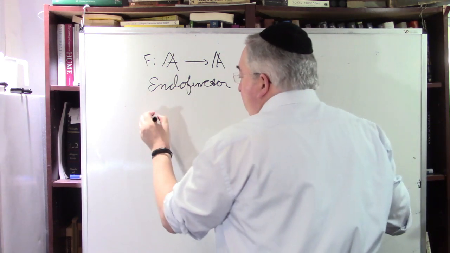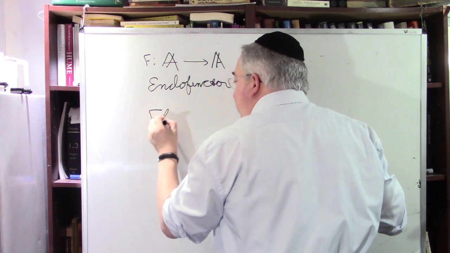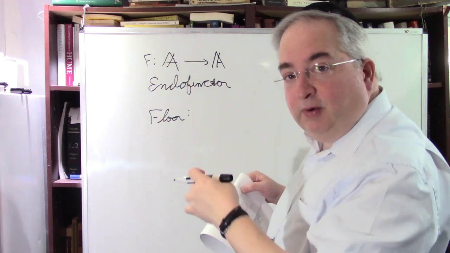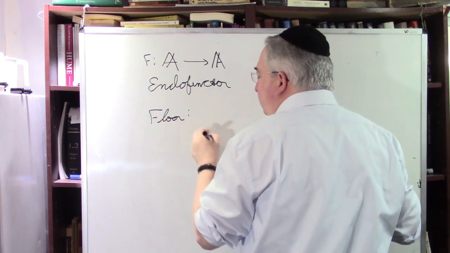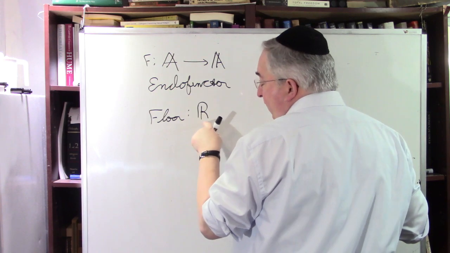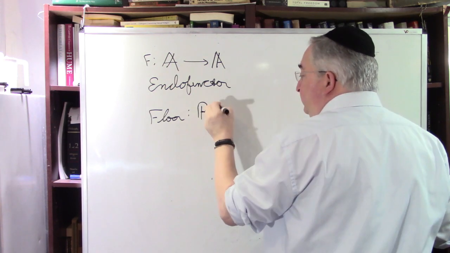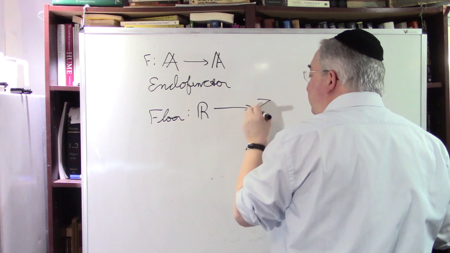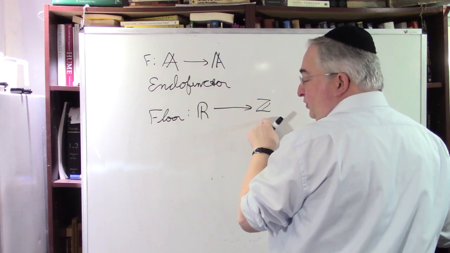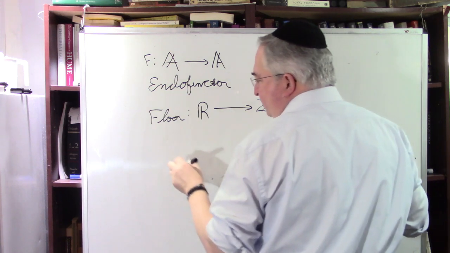Ready? Take any real number, and there's the floor of the number. What's that? It's the whole number below it. So this is a functor from the total order of real numbers to Z, the total order of all integers, whole numbers. That's the floor.